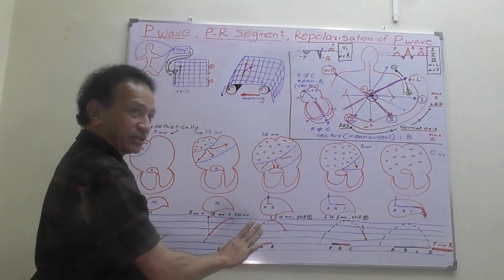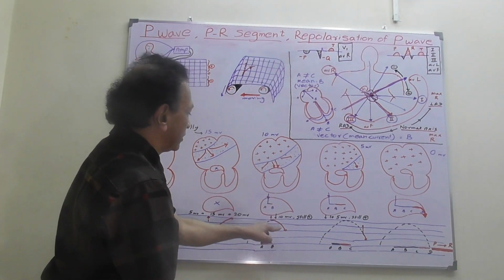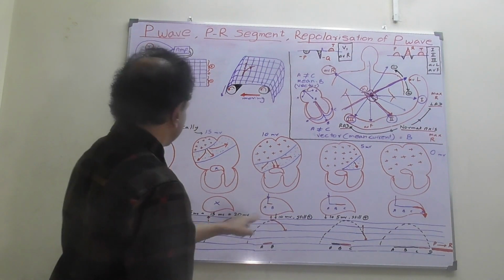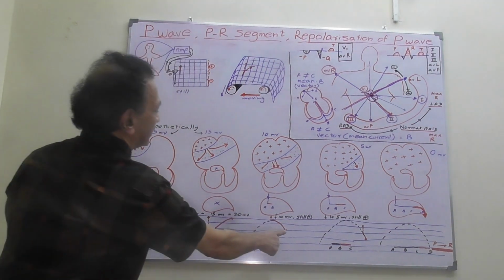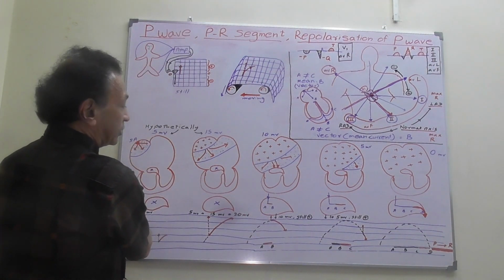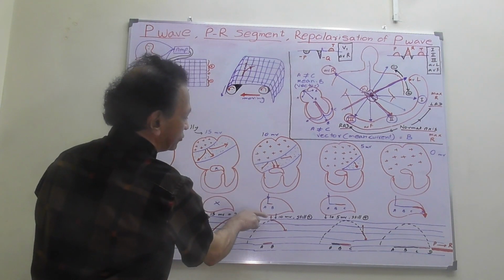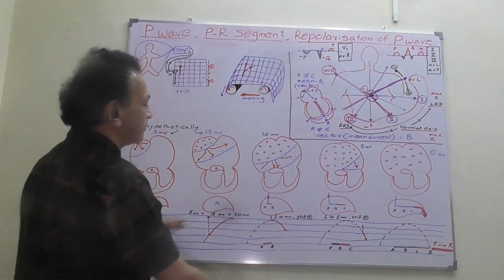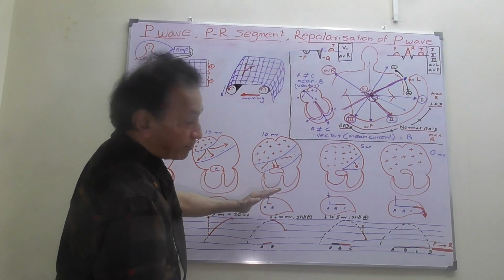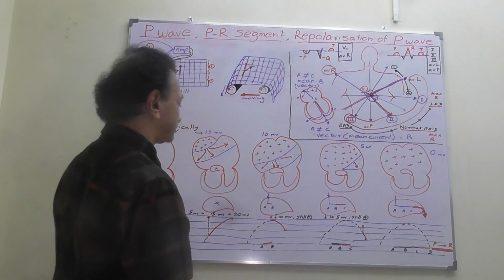So it is still positive, though it is coming down. It comes down because the total current is 10, so it should reach the 10th level rather than going up, because if it goes up, it should go up to the 30th level. As the total amount is 10, it should come down actually, not go up. That's why after the peak, the P wave tends to bend downwards.